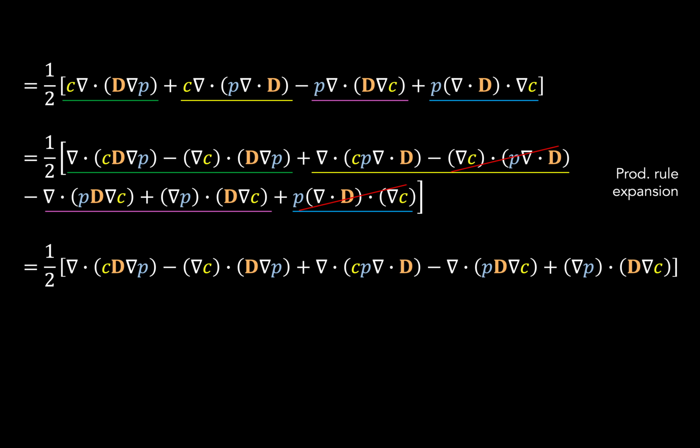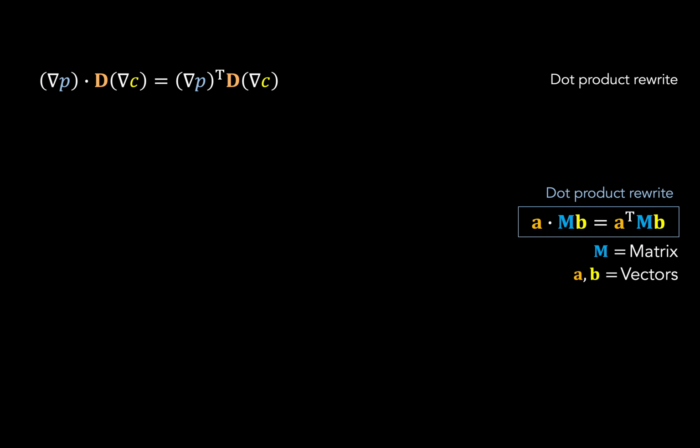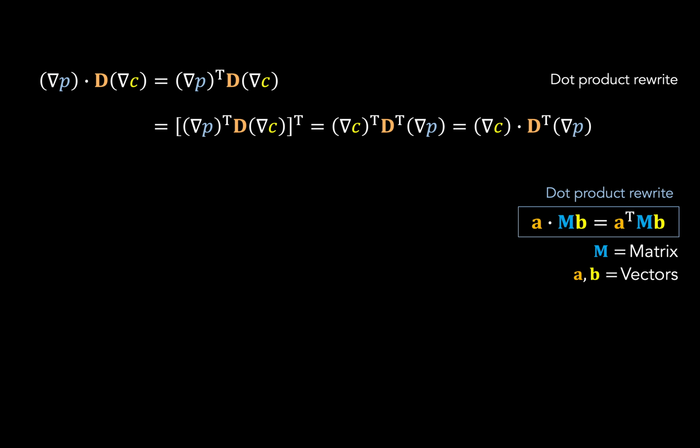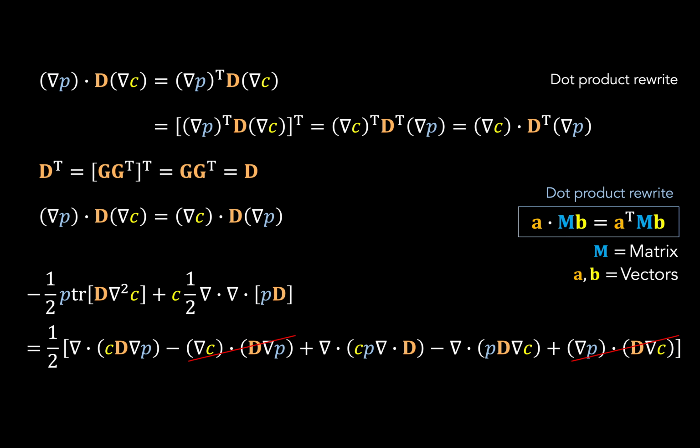Now it turns out that we can actually cancel 2 more terms here, but first we'll have to rewrite this dot product using a standard rule. And we can work the algebra to get this, and now since D is symmetric, it equals its own transpose. So we can write our equality like this, which means we can actually cancel these 2 terms from our expression.